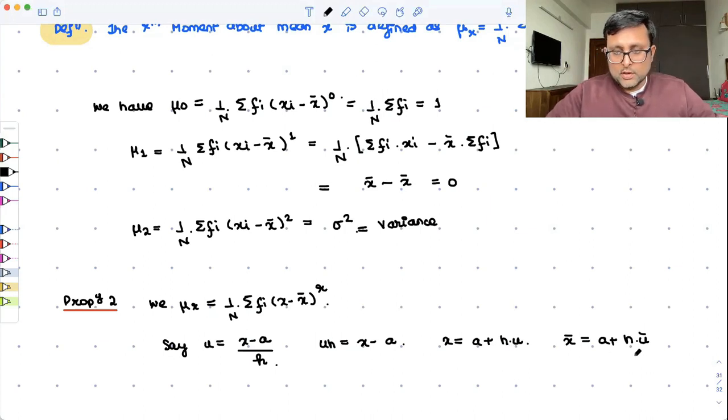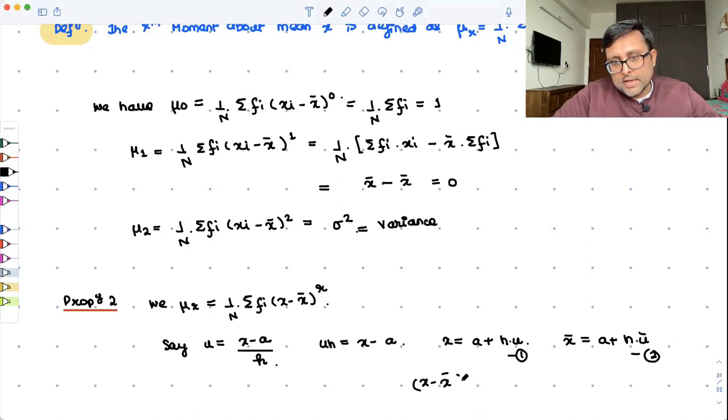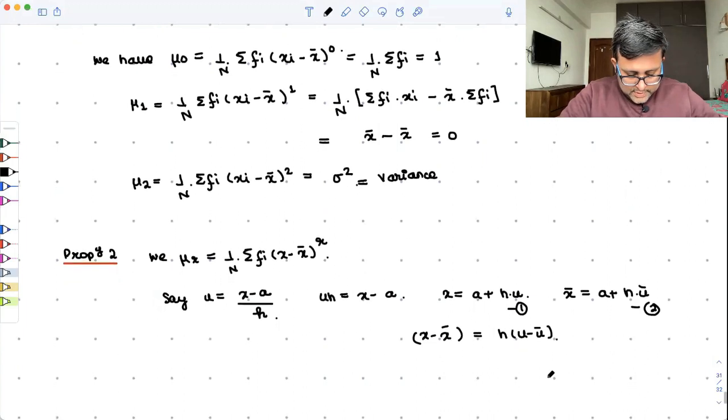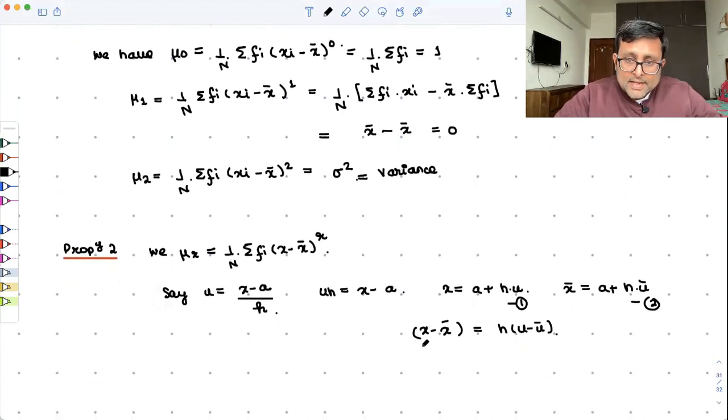It will be h u bar, right? So I can subtract, this is, let's say 1, this is, let's say 2. I can subtract 2 from 1. So that is x minus x bar is equal to h of u minus u bar, right? So in place of x minus x bar, I can substitute this. So let's say this is what my star expression is.